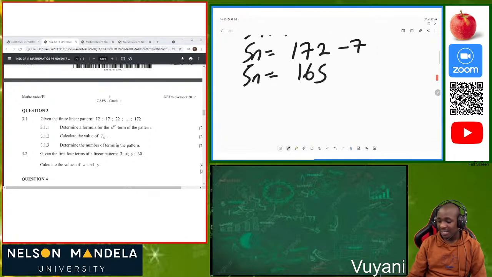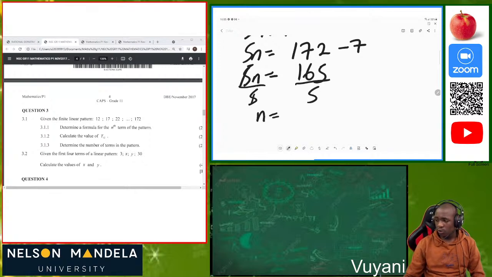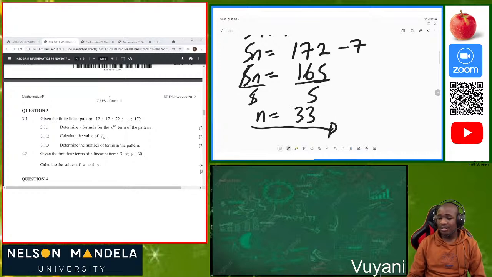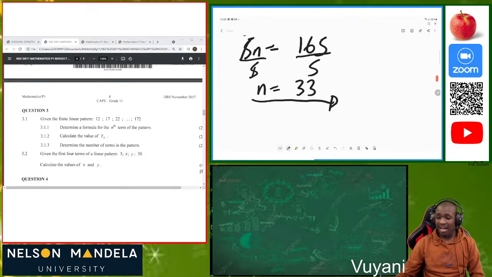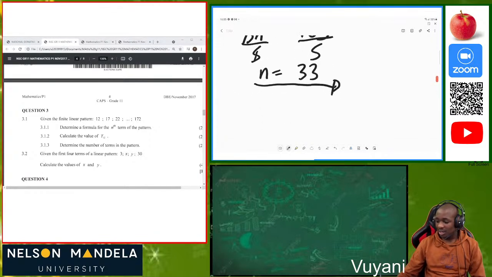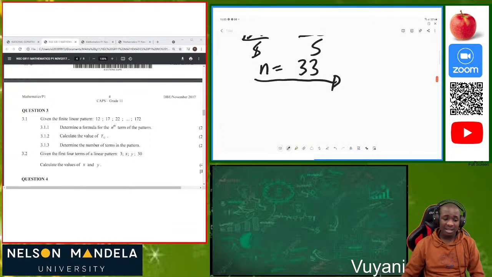We only need n, not 5n, so we divide both sides by 5. Then we have n equal to 33. So how many terms are in this pattern? There are 33 terms in this pattern.